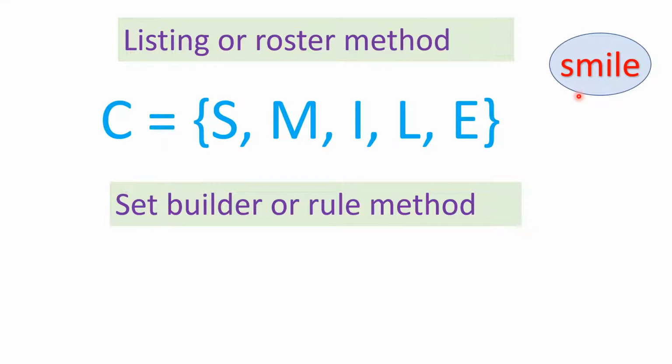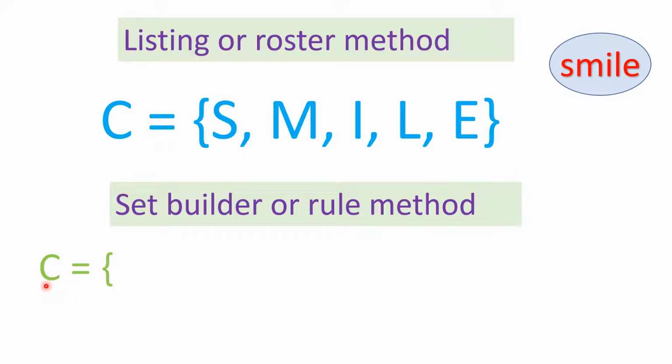So this gives us the rule of formation of this set. Each and every element of this set is a letter from the word smile. We will use this rule to write the set in the set builder form. Let us see how to do that.